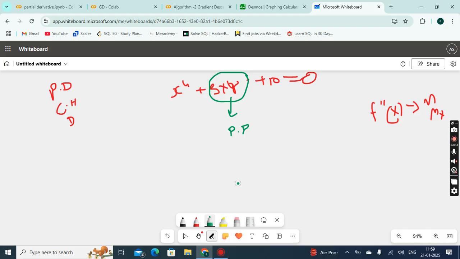This is a part of partial derivation because we have x and y. Also, when you see this part again carefully, can you recall we also have a chain rule over here? Why? Because 3 into x into y. Firstly you will derive with x, then you will derive with y.